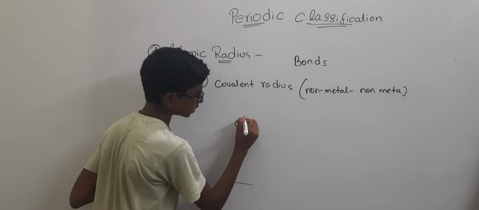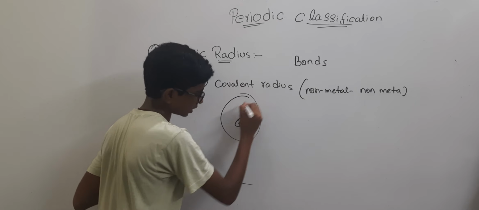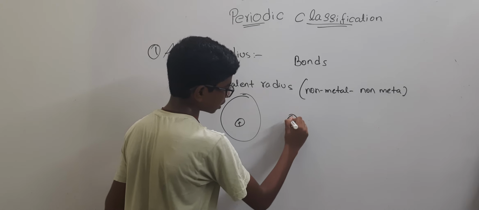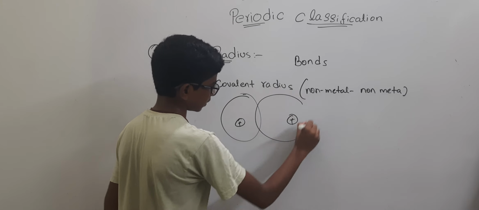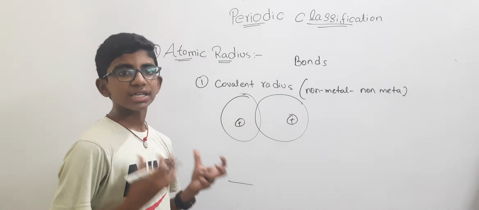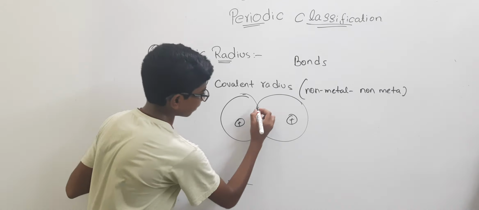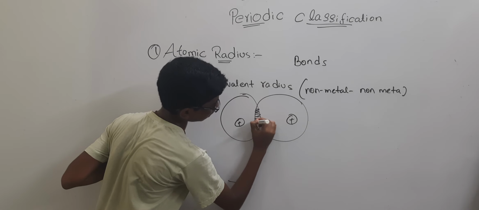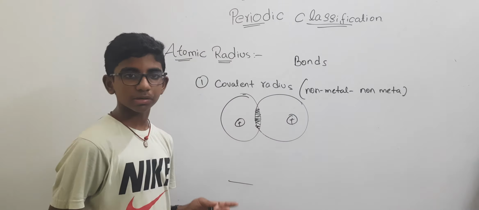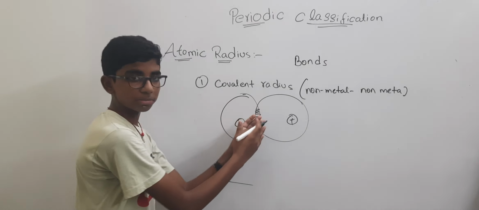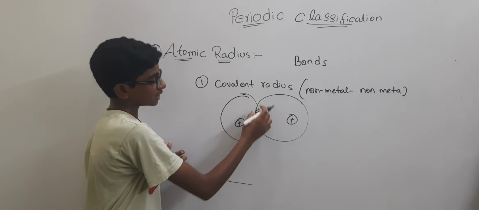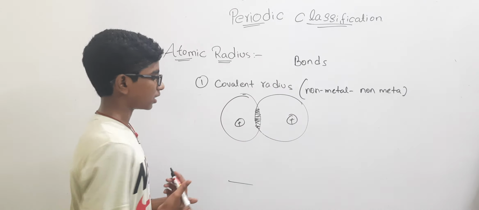This is the nucleus of an atom, this is an electron, and this is the nucleus of another atom. As I said, there is mutual sharing of electrons. In this part, the common electron shared by both atoms revolves in this region only, that means the common part.